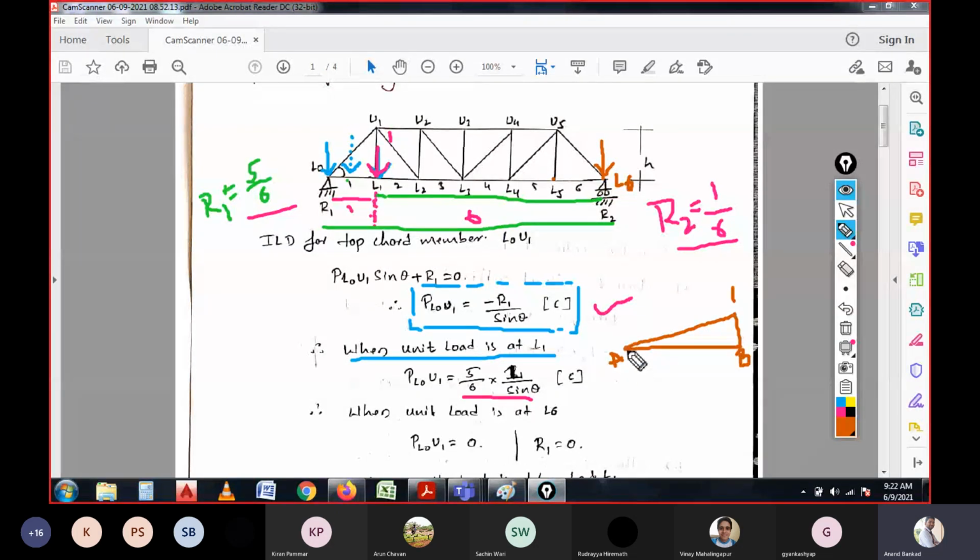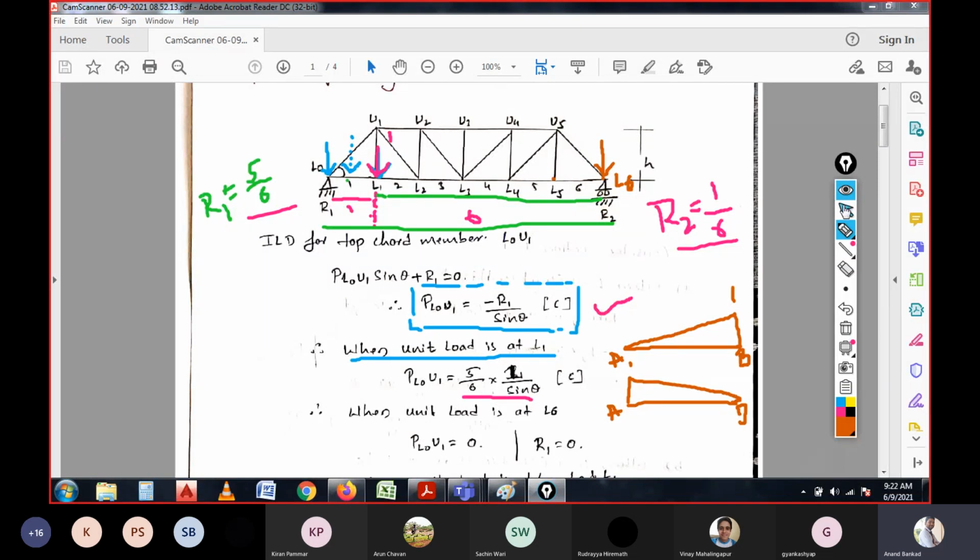Since the unit load is acting at B, R1 will be equal to 0. So now the load is acting at L6, and when the load is acting at L6, the R1 value will be 0.